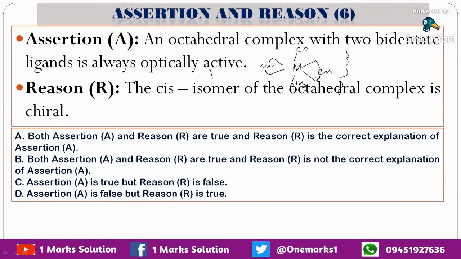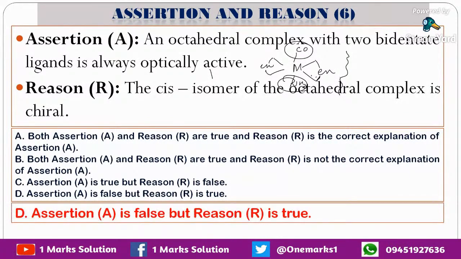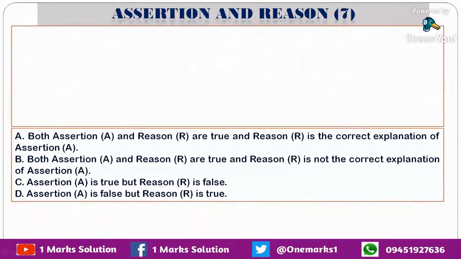So it is superimposable. That's okay. If you have all three the same, then also it's superimposable. But if you have only two bidentate and two different kinds of ligands, it cannot always be optically active. The reason is that the cis isomer of the octahedral complex is chiral. That's absolutely correct. So here we go with assertion false and reason true.